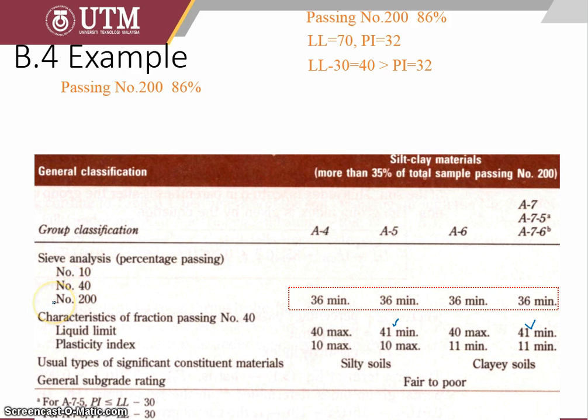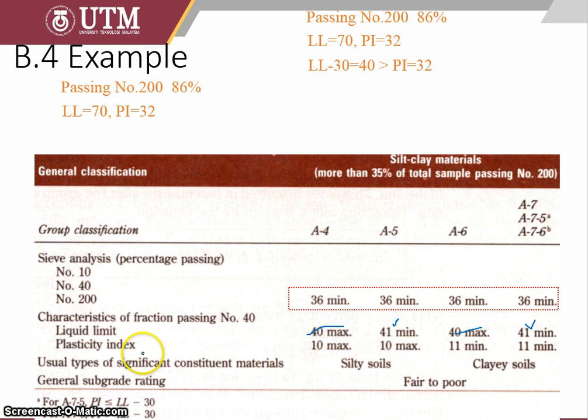We read number 200 here, the minimum is 36, and we got 86, so every class is qualified. Then we go down and check the liquid limit, which is 70%. A4 is capped at 40, so it is already disqualified. Similarly A6 cannot. A5 has 41 minimum and A7 has 41 minimum, so these two groups might be the ones that fit the data.